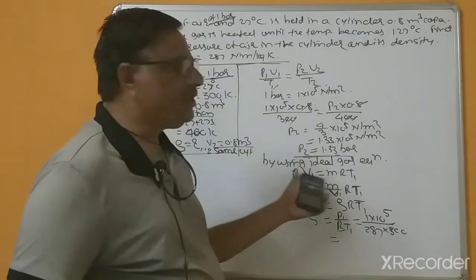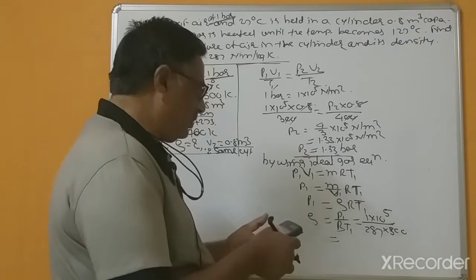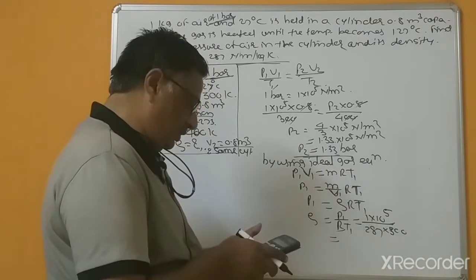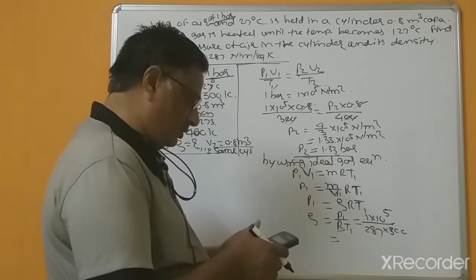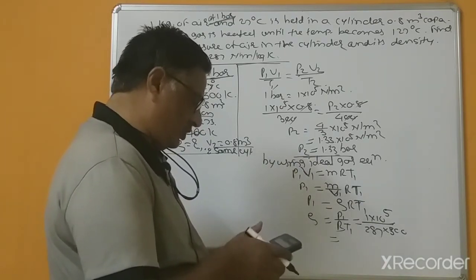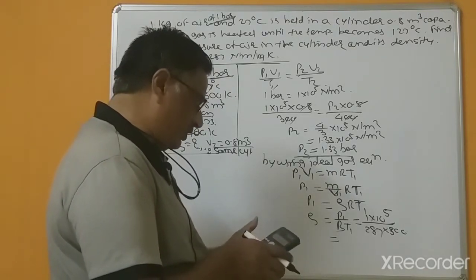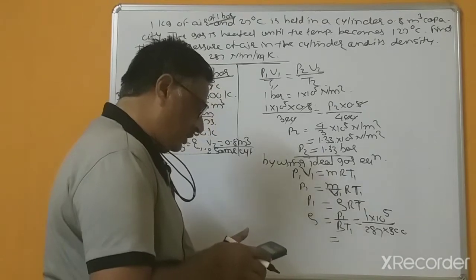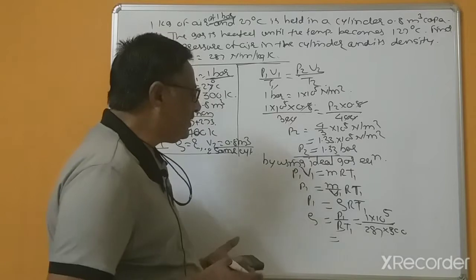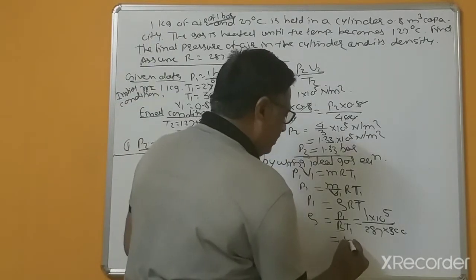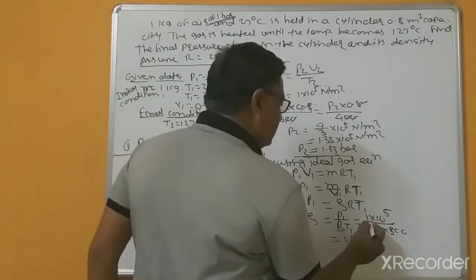Either you can use this equation or you can use P2 V2 equal to M R T2. You will get the same values, 1 into 10 to the power 5 divided by 287 divided by 300. So density of the air is equal to 1.16. So what is the unit?